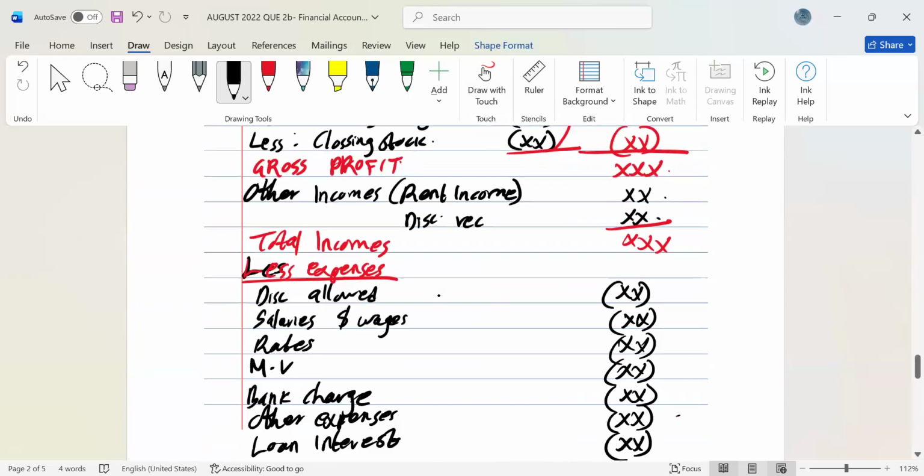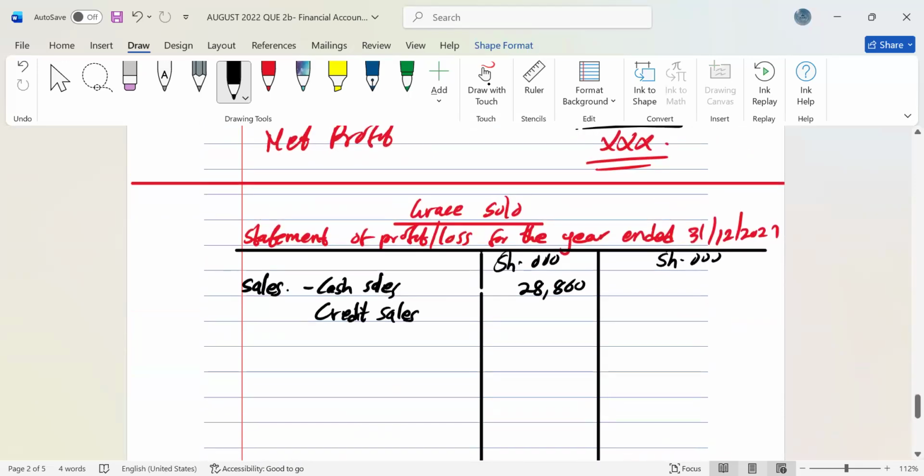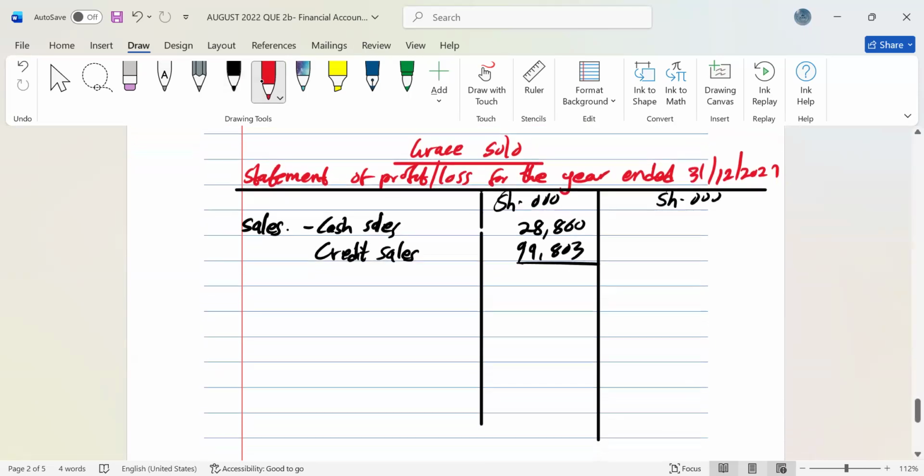So we just bring here our 99,803. These two, if we add together, it's going to give us our total sales, or we call it net sales, which is simply 128,663.